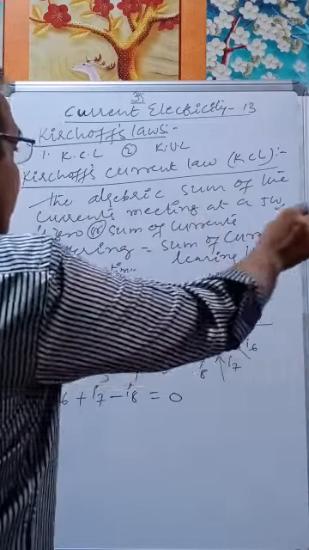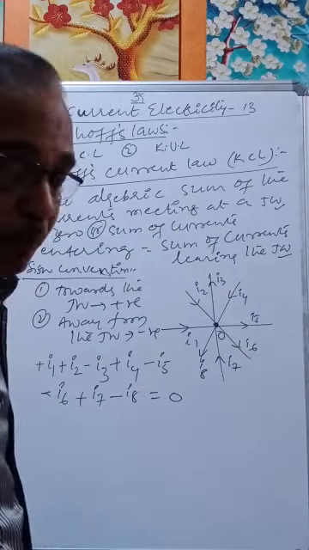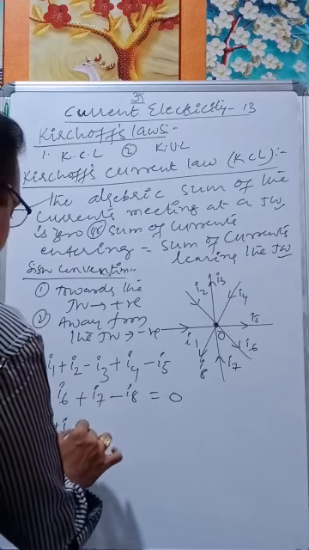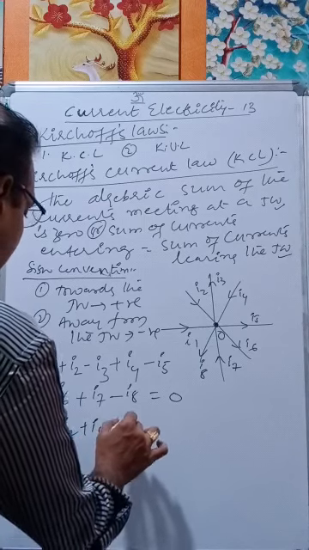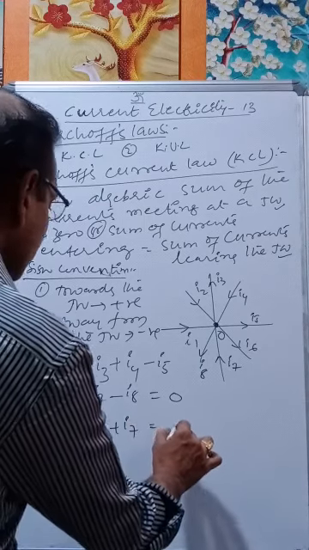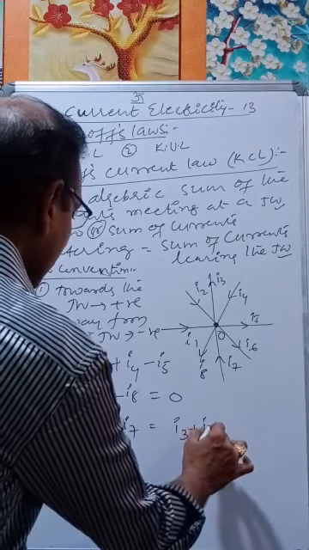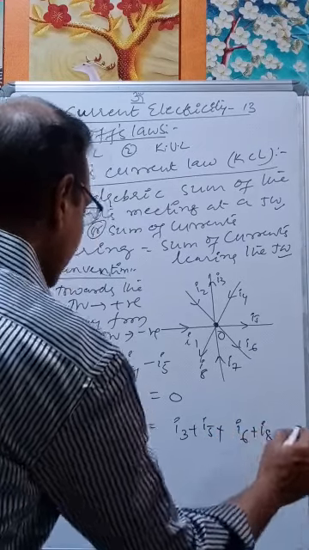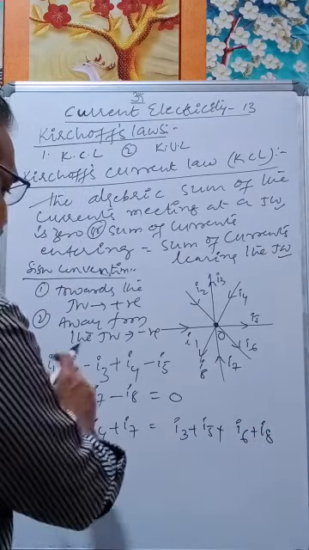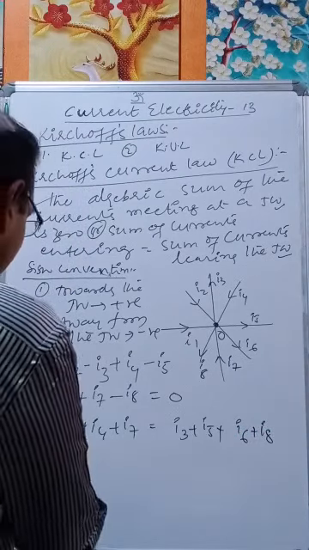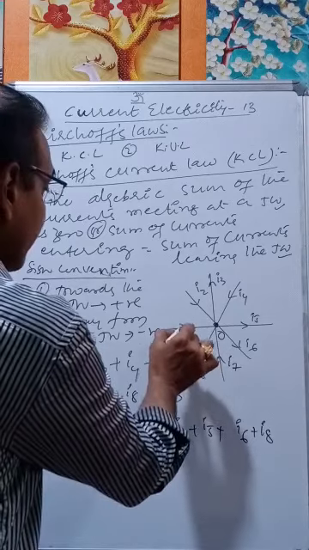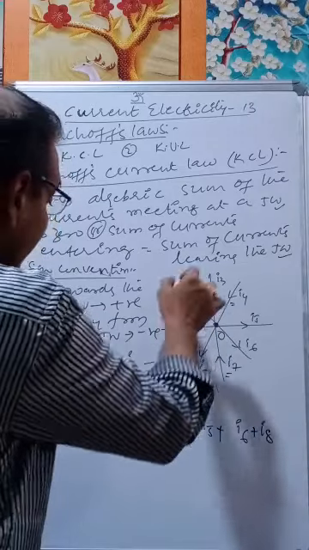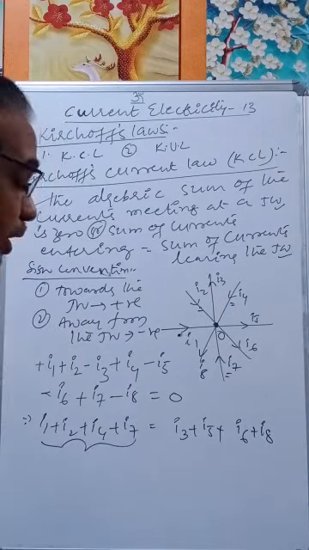Algebraic sum of the currents meeting at a junction is equal to 0. Now if you summarize, this becomes I1 plus I2 plus I4 plus I7 is equal to I3 plus I5 plus I6 plus I8. Positive one side, negative other side. I1, I2, I4, I7 are the currents flowing towards the junction.